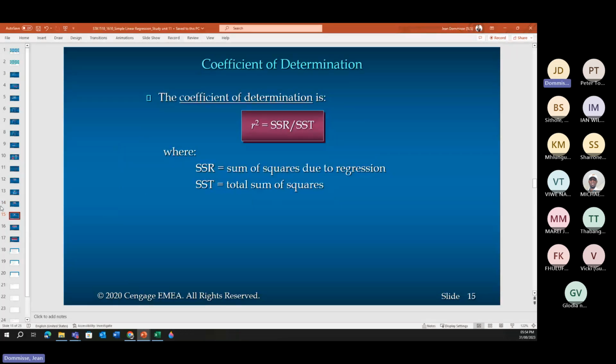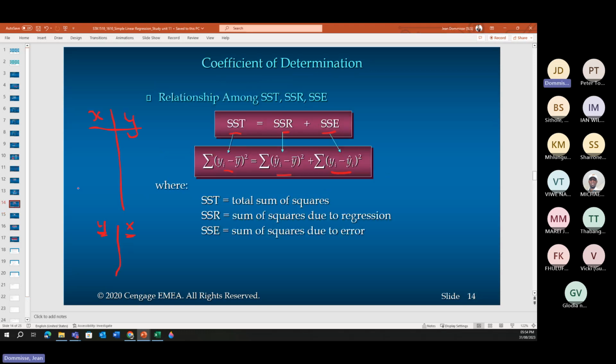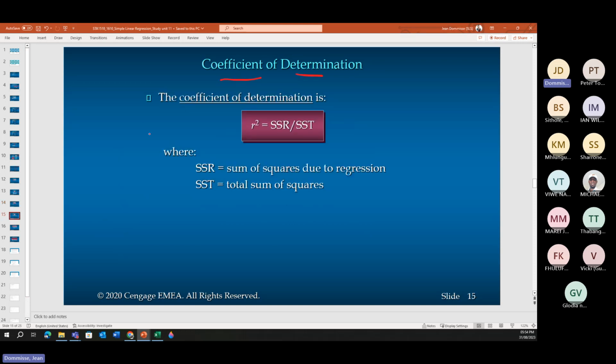Okay, and basically to calculate the coefficient of determination, this is one of the ways to use that SSR and the SST.